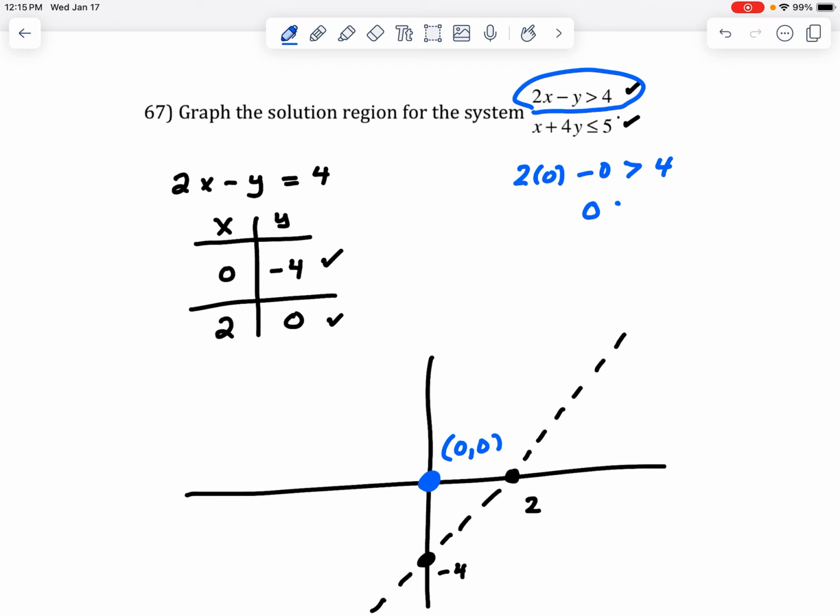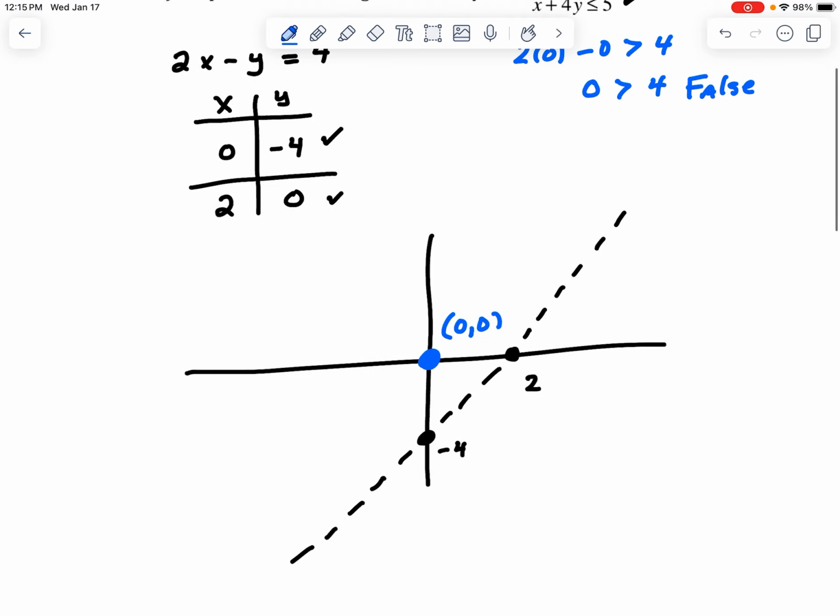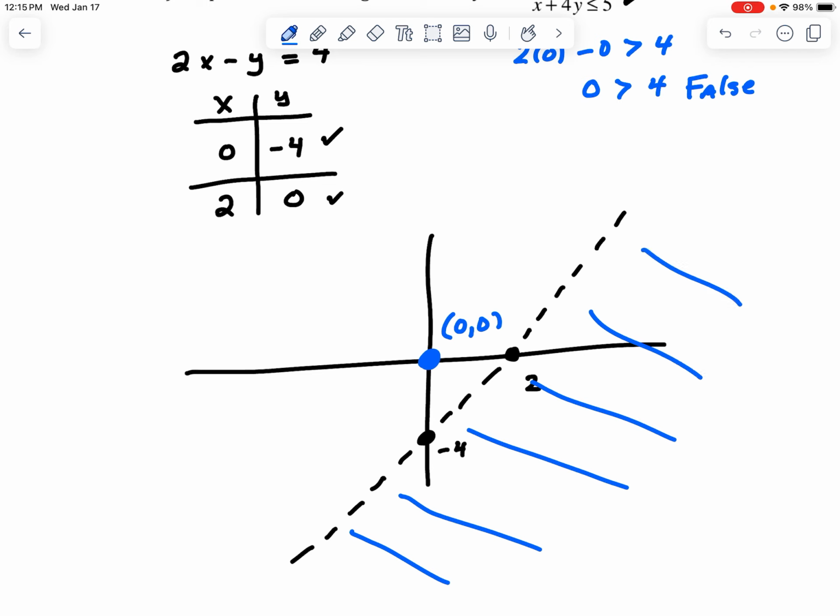In other words, is 0 bigger than 4? The answer to that is false. So that means where I put the blue point is not the correct side, so it has to be the other side. It has to be this side that's then shaded blue. So that takes care of the first inequality.